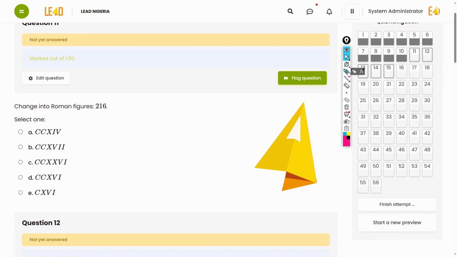Question 11 says, change into Roman figures 216. We'll first write it in expanded form.